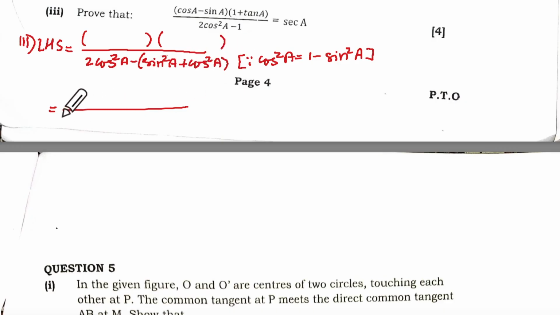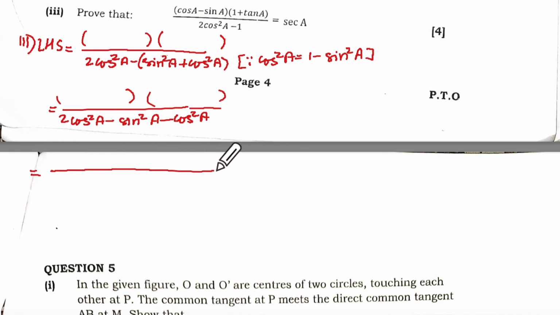And now when you open the bracket, it will be 2 cos square a minus sine square a minus cos square a, and I'm keeping this like this only just to save on time. Okay, and here we will have cos square a minus sine square a, and these two brackets I'm keeping as they are.